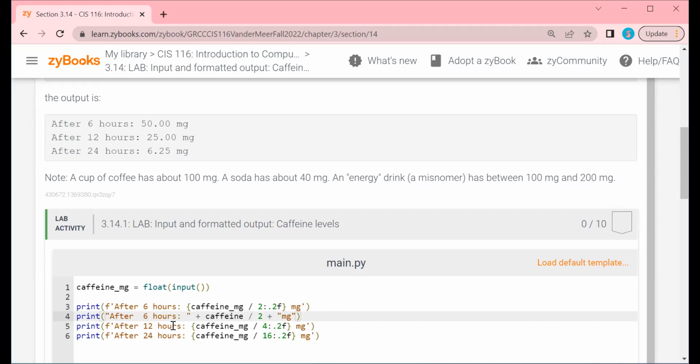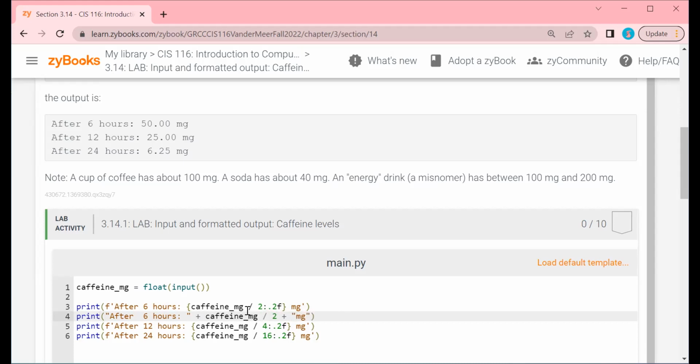Whoa, wait a minute. Didn't you define in line 1 caffeine underscore mg as your, oh, well, I guess it's not a float anymore.